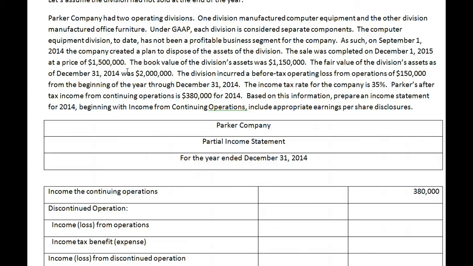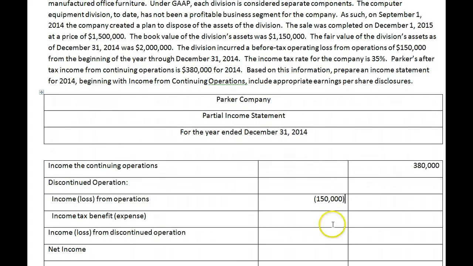In that case, the discontinued segment, we only have to report the actual income from operations. So the only thing we would show here on our income statement is the $150,000, the actual income from just the operations. You would not show any gain. You only show the gain if it's a realized gain, if you actually sold the division. There was no impairment loss, so for that reason, we can go in and just show the 150.